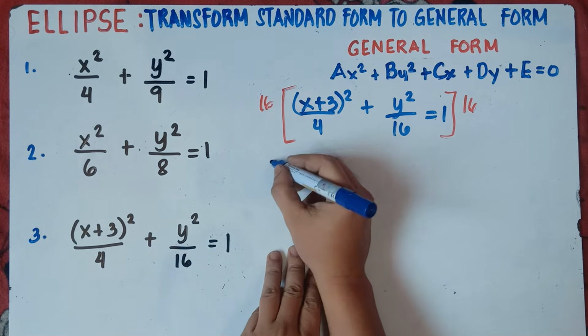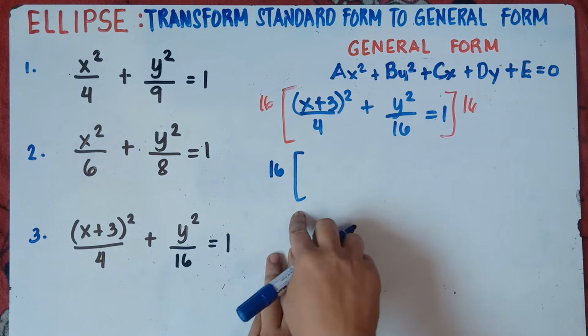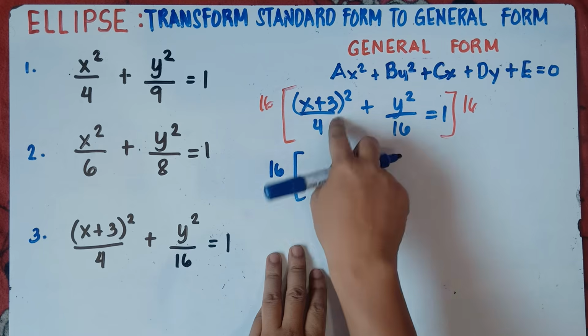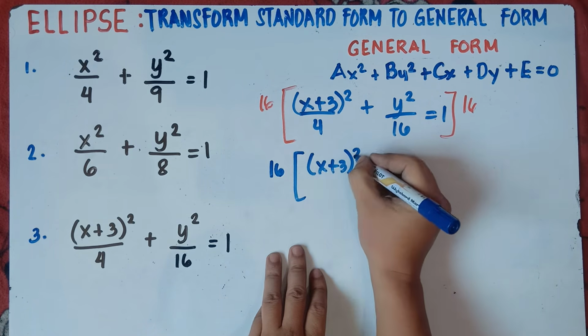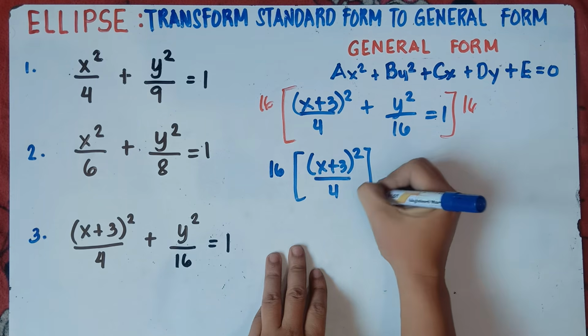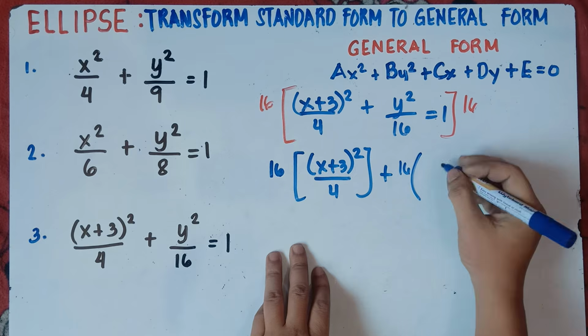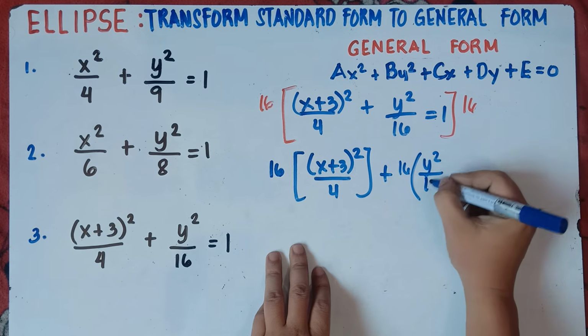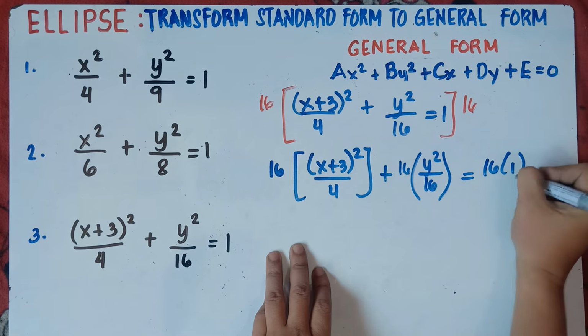So this will be 16 times x plus 3 squared over 4, with brackets since we have the parentheses, plus 16 times y squared over 16 equals 16 times 1, or 1 times 16.